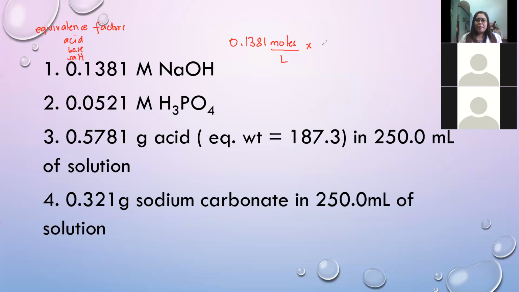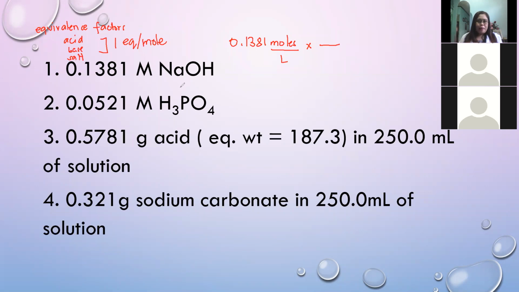But this time, the unit of the equivalence factor is equivalent per mole. So we write equivalent directly, since it is moles per liter. Liter is our volume, so when it is liter, equivalent is always its partner.